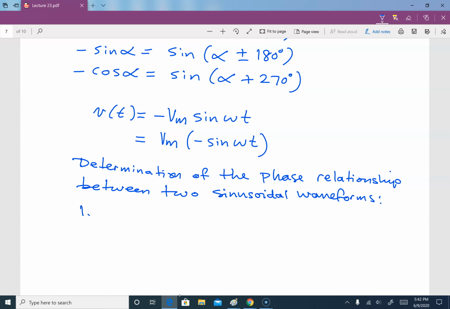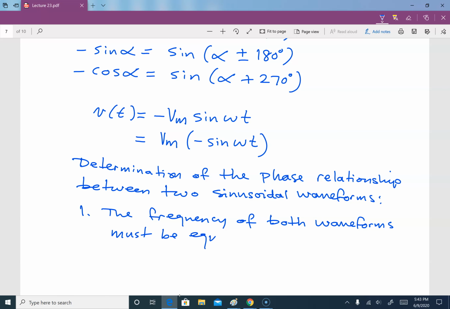The first thing is that the frequency of both waveforms must be equal.